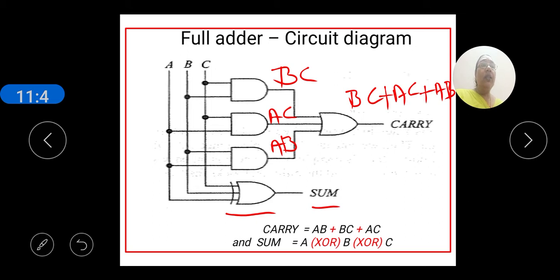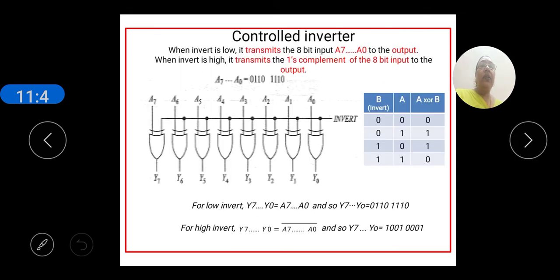In order to do that, we use the circuit controlled inverter. Inverter means finding the inversion or finding the complement. Complement means the complement of 1 is 0, and the complement of 0 is 1. So an inverter is a circuit which complements the bit.